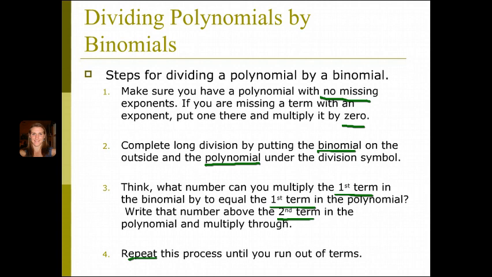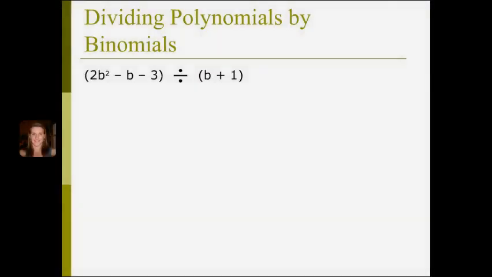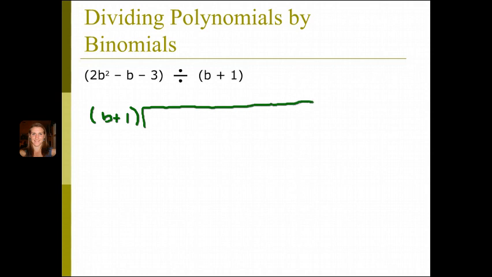So now let's do an example to help make this a little more logical. Okay, so we have to put our binomial on the outside of our division bar, and our trinomial goes underneath. So we have 2b squared minus b minus 3.